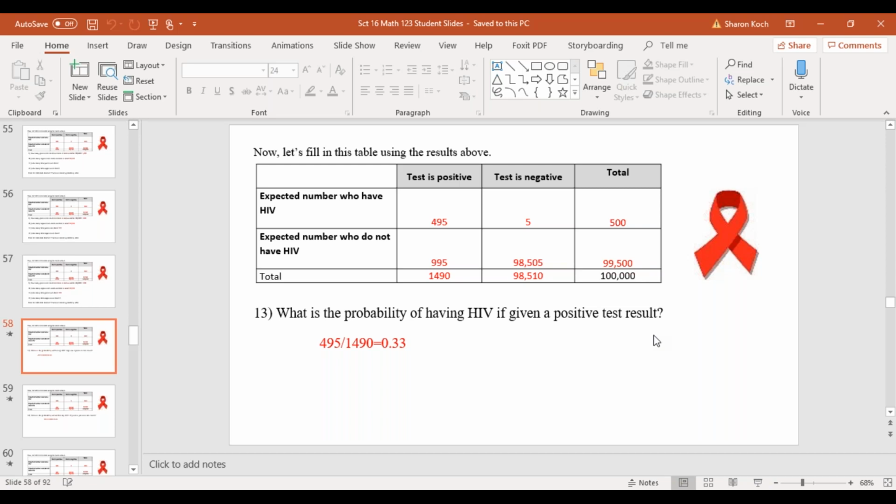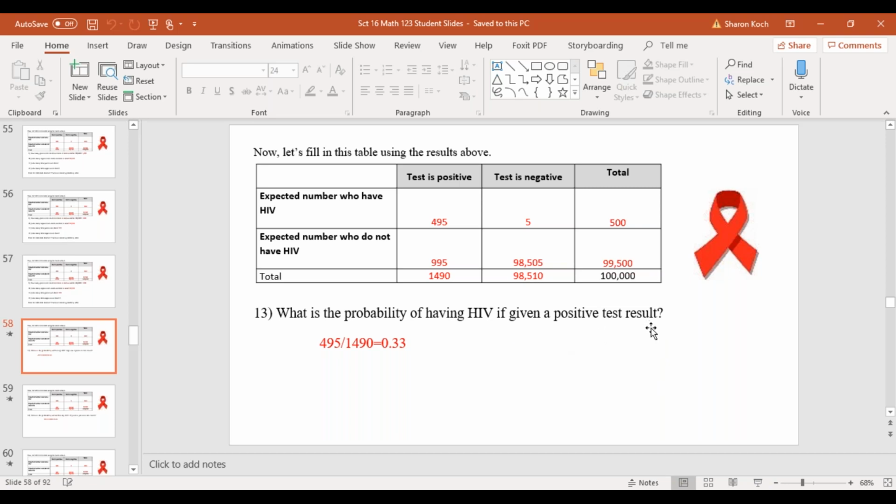Once I've gotten my probability table created, then I can start answering some probability questions. But you have to be careful how you're setting this up and pay attention to how they want that set up. So what's the probability of having HIV given a positive test result?